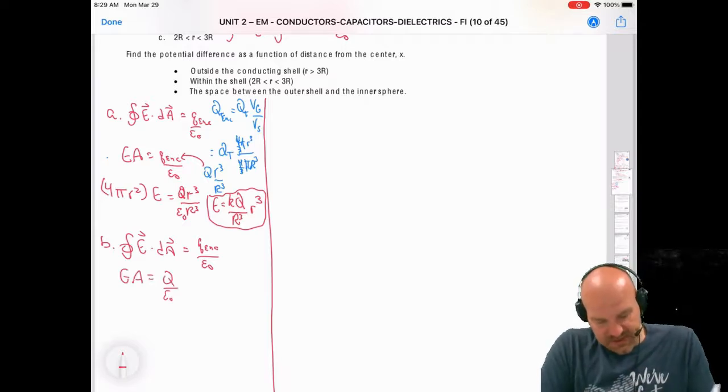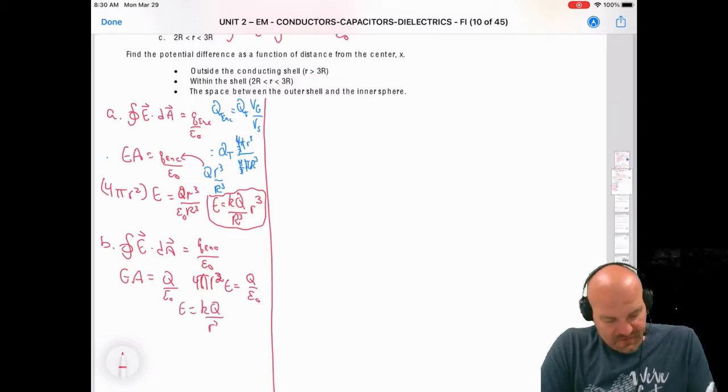So it's going to be E times A equals Q over epsilon naught. But it's a sphere, so it's E times 4 pi r squared. And if I solve this for E, guess what I get? I end up getting KQ over r squared.